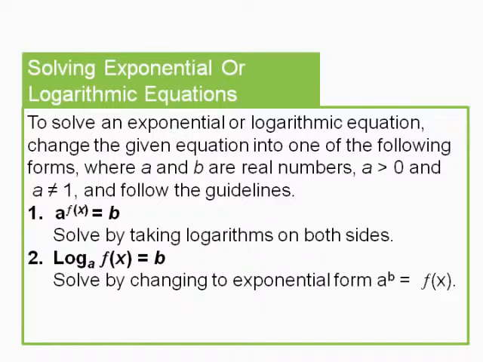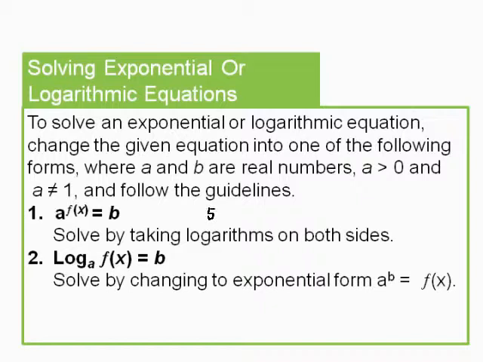All right, so an overview here, and this is what I was talking about earlier. To solve an exponential or logarithmic equation, let's do an overview of the last few videos. Change the given equation into one of the following forms. Now, of course, A and B have these restrictions on them with the following guidelines. If you have A raised to some power equals B, and we looked at this, and we'll just look at one more here.